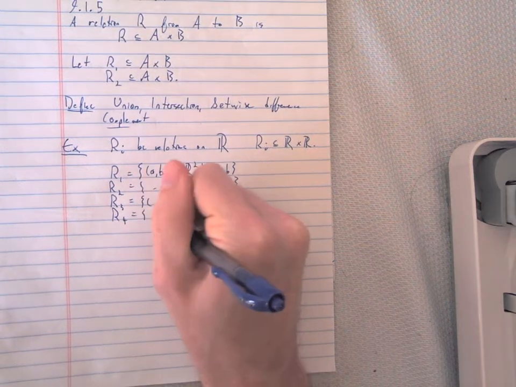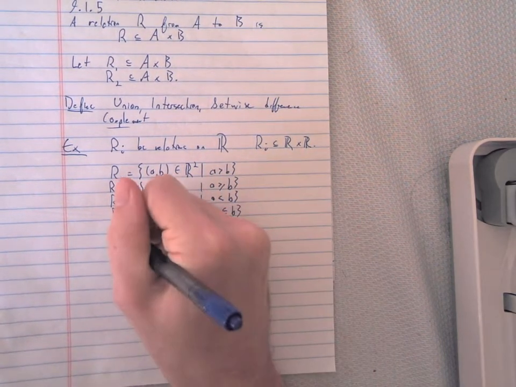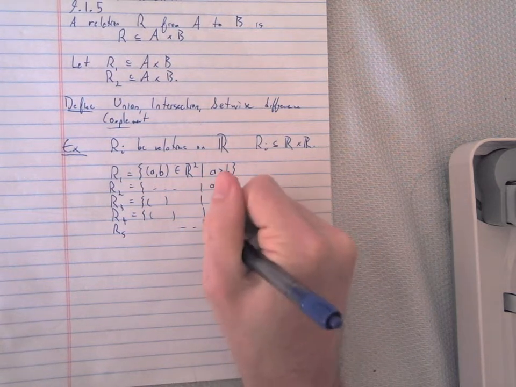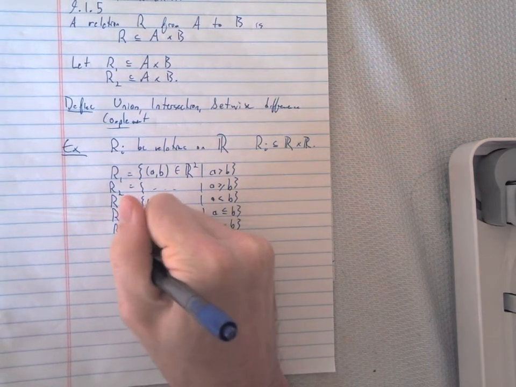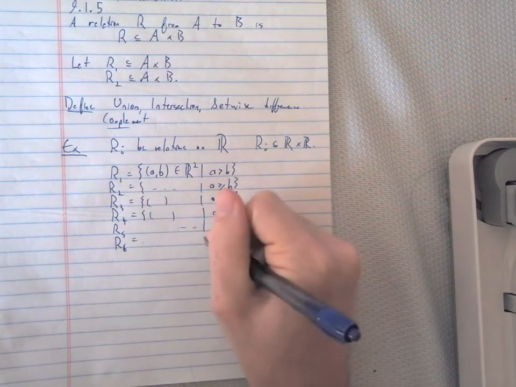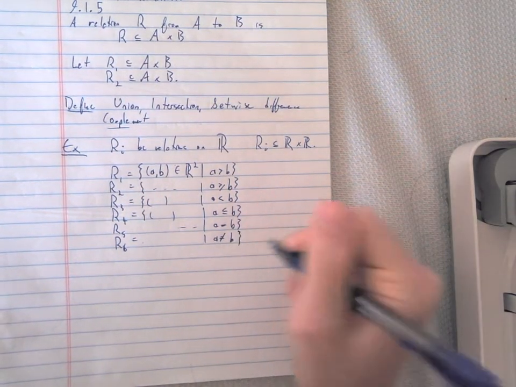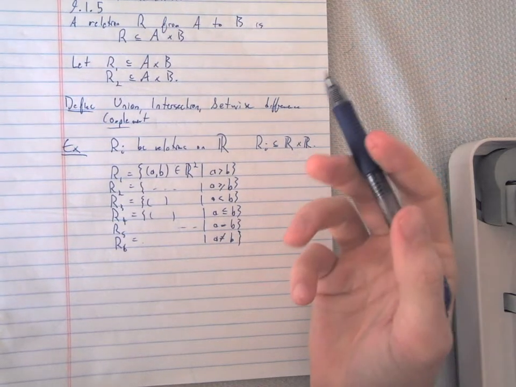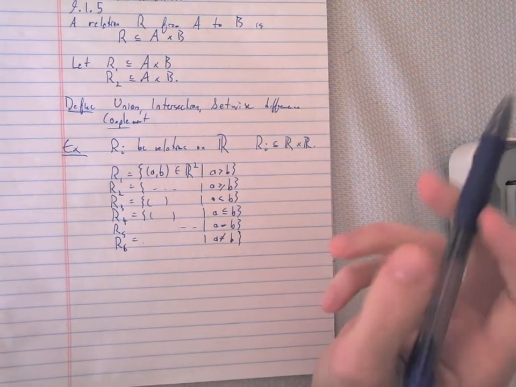R4 is going to be the set of all tuples such that a is less than or equal to b. R5 is the set of all tuples such that a is equal to b. And R6 is going to be the set of tuples such that a is not equal to b. Okay? Each of these defines a relation, but certainly not a function from R to R.